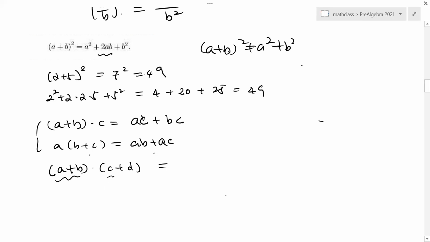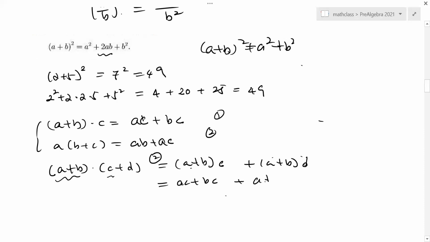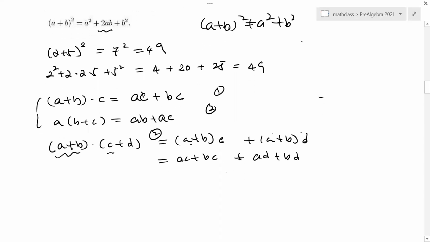So this is using the second formula: a plus b times c, plus a plus b times d. This is the first formula, and this is the second formula. Then you multiply this out: a times c is ac, and bc, and ad, and bd. So you should get 4 terms, totally 4 terms. And here we're using the first formula.